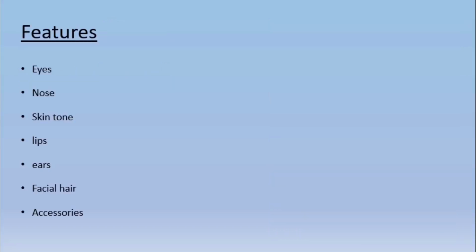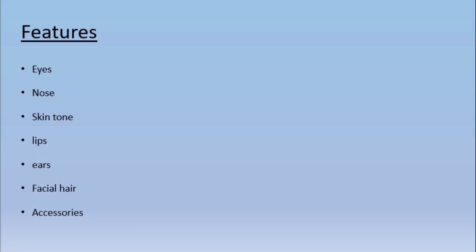When we are talking about features on a person's face or body, there is no particular order, but usually eyes, nose, skin tone, lips, ears, facial hair, and any accessories their body might have is a good order to go in.